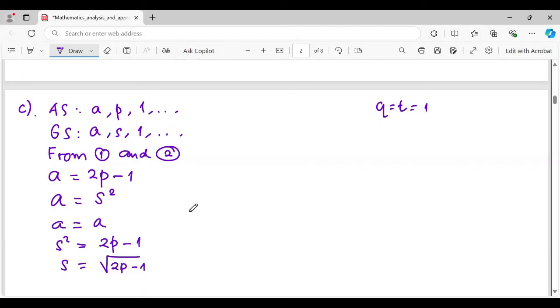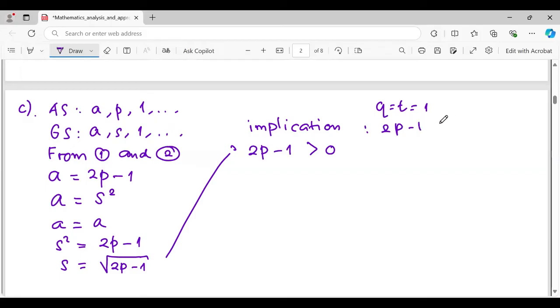Now look here. This is the important note for us: if S equals square root of 2P minus 1, the implication is that 2P minus 1 should be greater than 0. Why? Because 2P minus 1 cannot be less than 0.